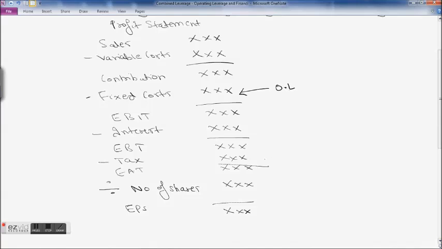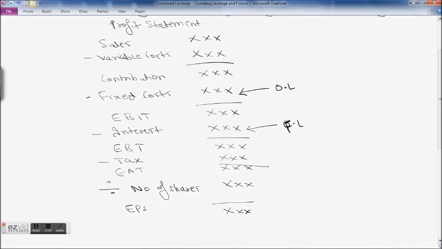This is the operating leverage, whereas your financial leverage will tell you how efficiently you are using your interest cost. Now combined leverage will tell you how efficiently you are using your fixed production cost, or fixed operating cost, and your fixed financial cost, that is your interest.